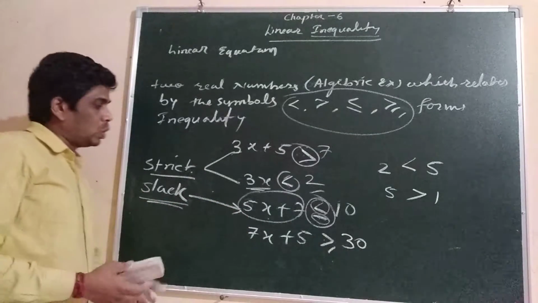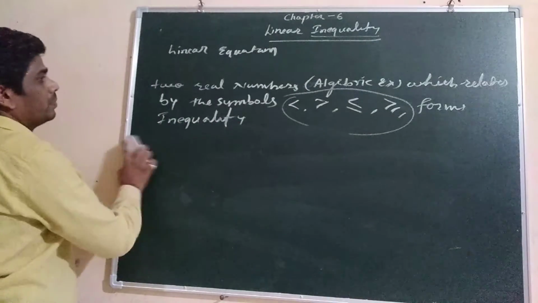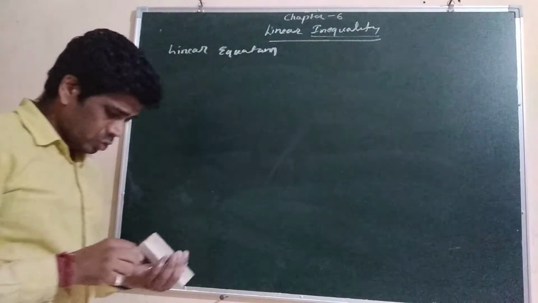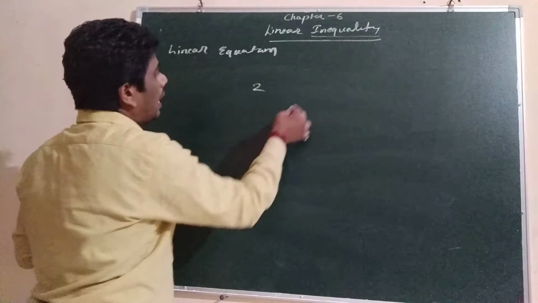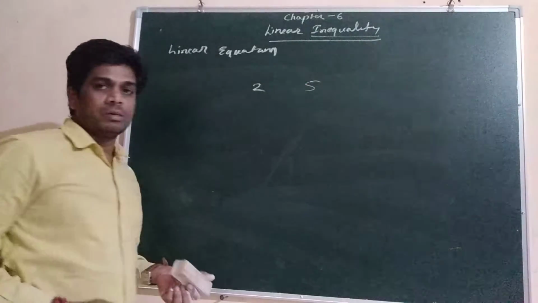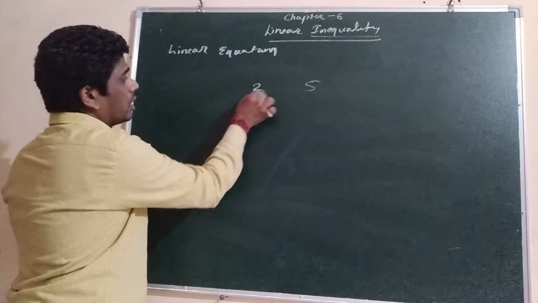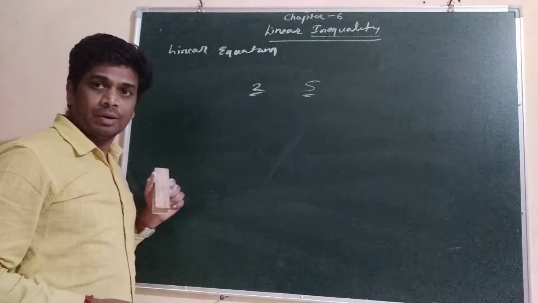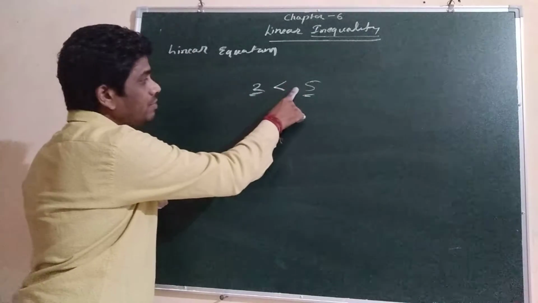So let's learn about the rules of linear inequality. Let us take one example. Suppose 2 and 5 are given, and we use a symbol to compare them. 2 is less than 5, so we use the less than symbol.